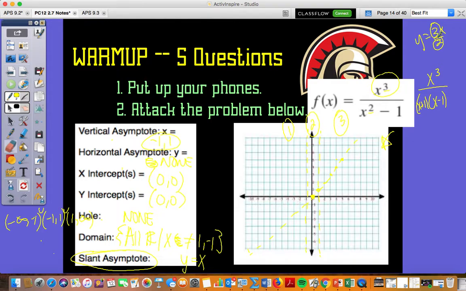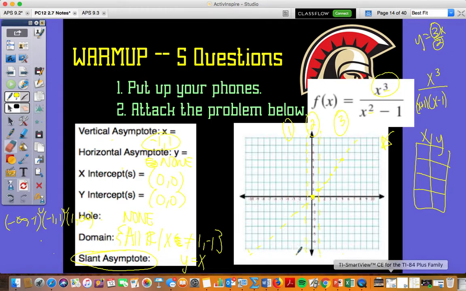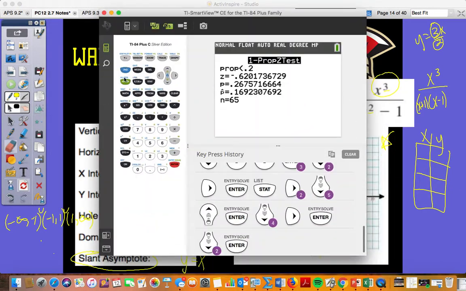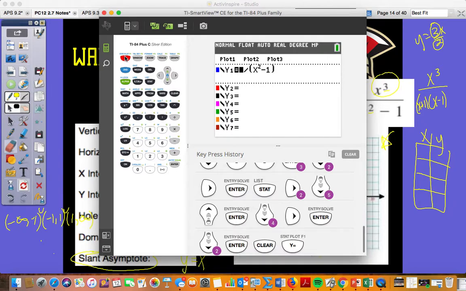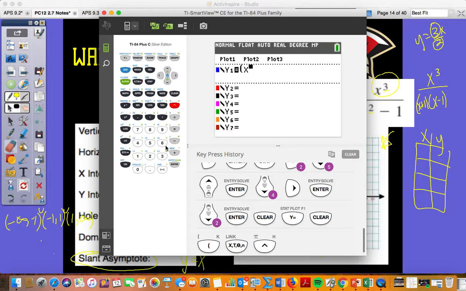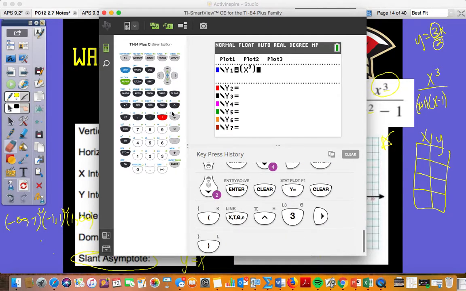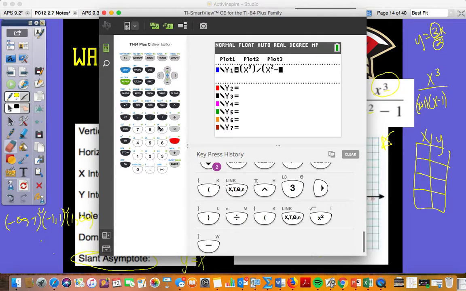You follow me? I'm going to do another one later on the podcast and whatnot. So all I would do is set up a T-chart, either on your calculator or here. I'll do it on my calculator just so I can get that rep one last time. So I'd go in and put in parentheses x to the third, divided by x squared minus 1, close it, graph it.